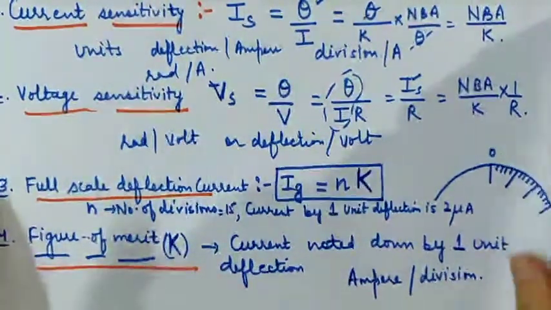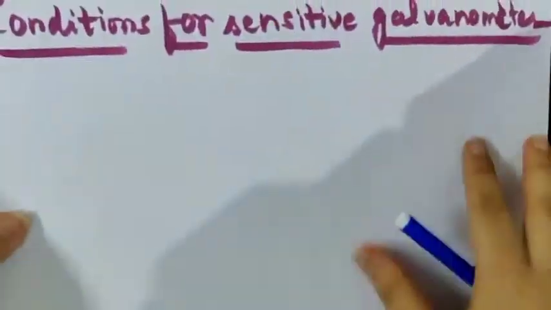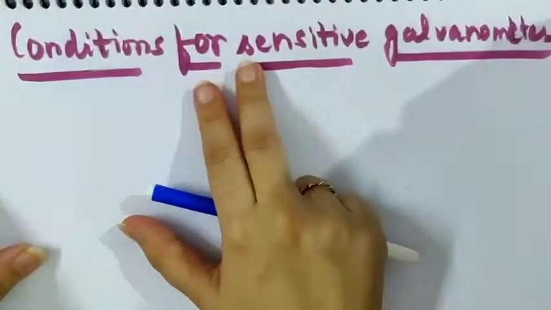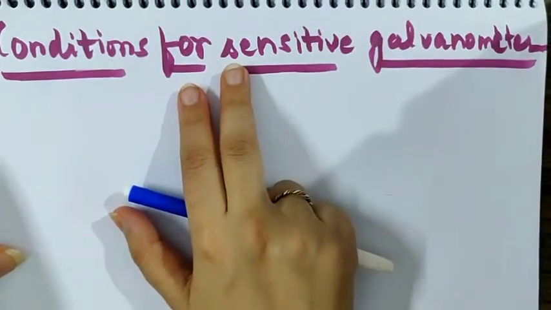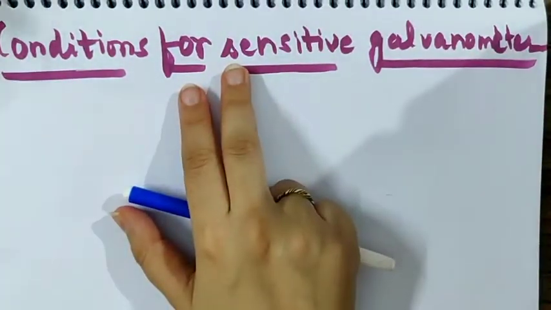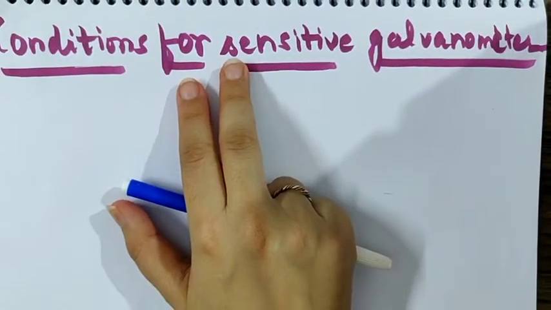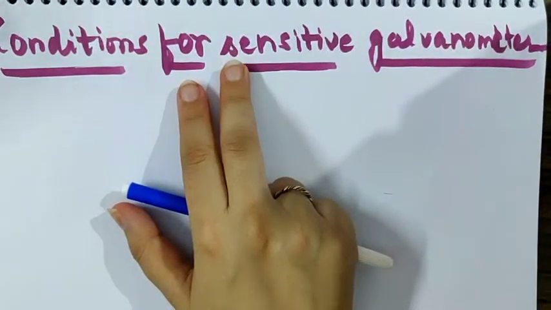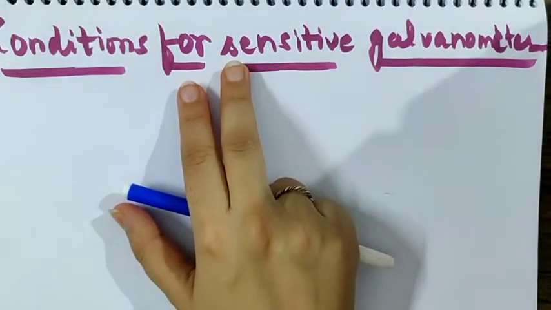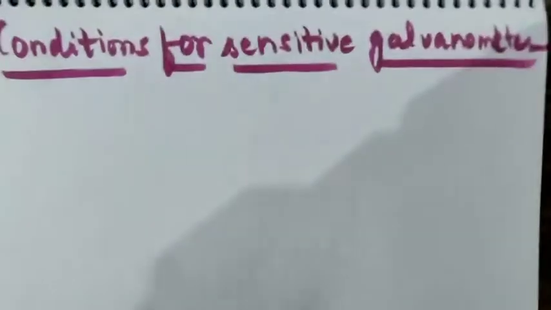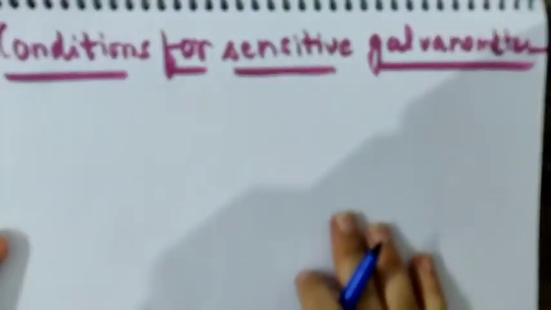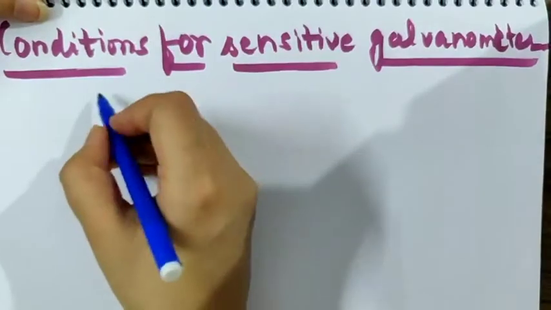One more thing which is left: I just talked about the sensitiveness of a galvanometer. We want the galvanometer to be very sensitive because we always want the device that we are using to be very sensitive, because what is the purpose if they are not sensitive? We are not noting down the small values of the things that we are discussing or experimenting with. So what are the conditions for a sensitive galvanometer?